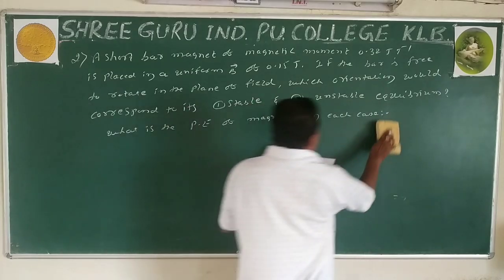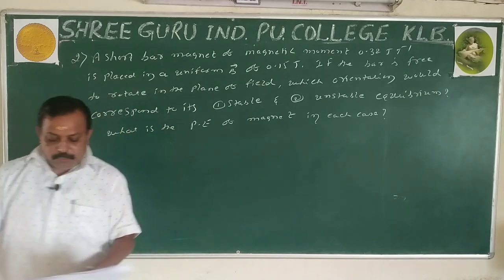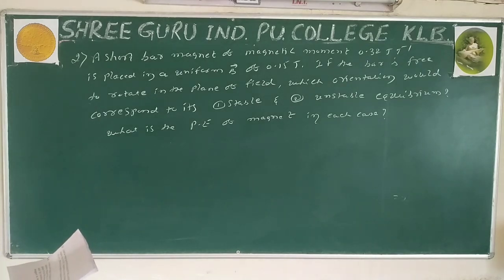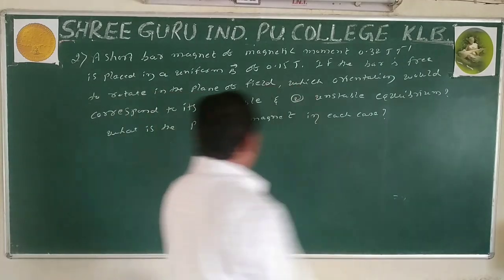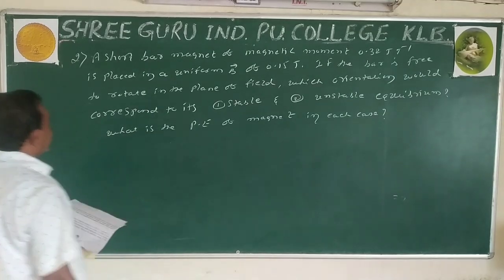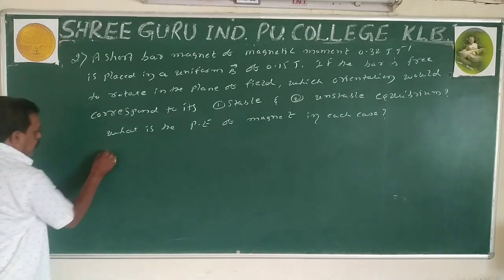If the bar is free to rotate in the field of the plot, which corresponds to its stable and unstable equilibrium, what is the potential energy of the magnet in each case? I want to calculate the magnetic potential energy of a magnet in terms of the stable equilibrium condition and the unstable equilibrium condition.